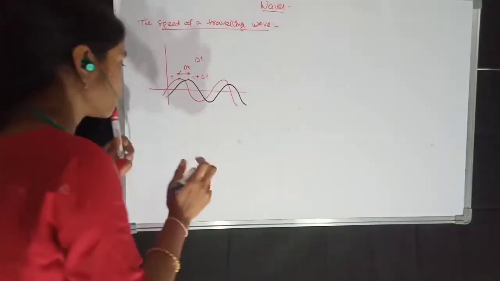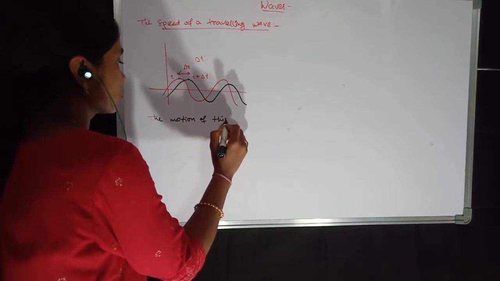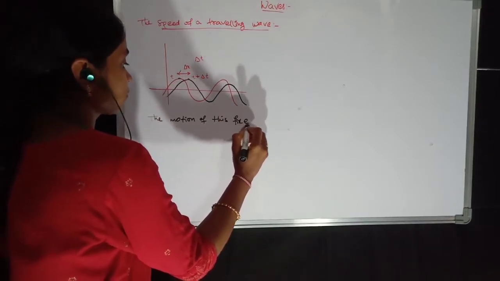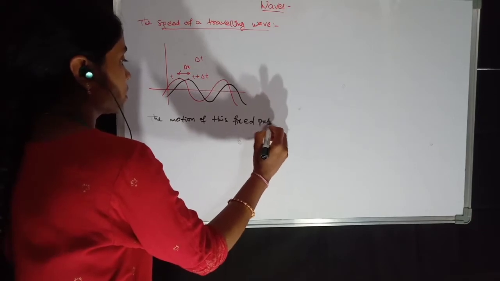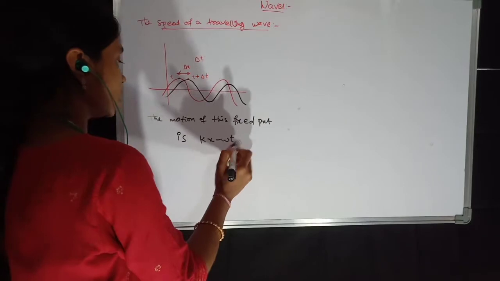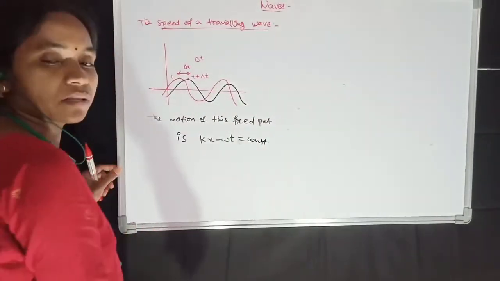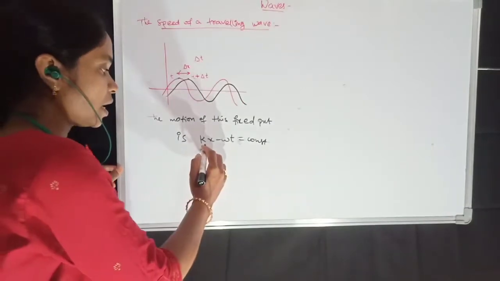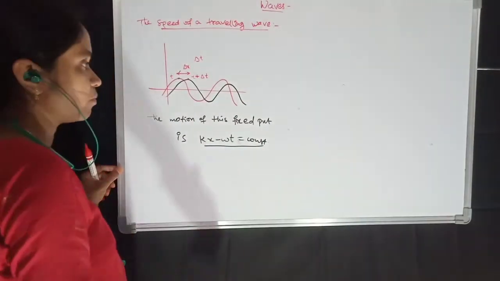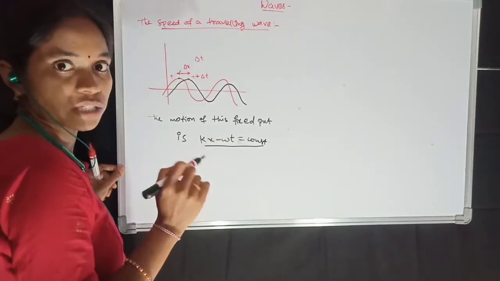Now from the wave equation, the phase of this fixed point is kx minus omega t, and this remains constant, because at this point and at this point the phase does not change.